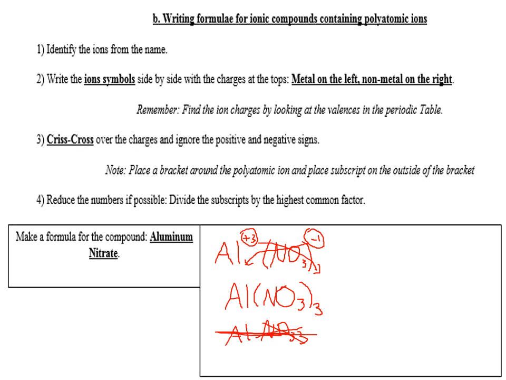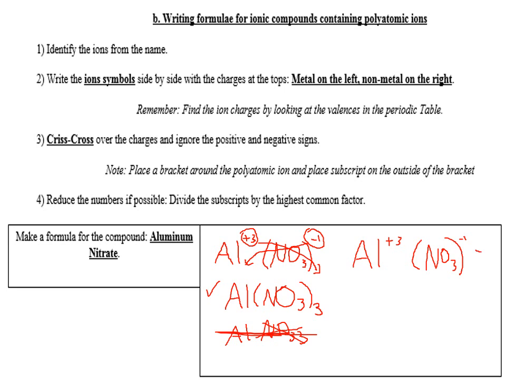The other method you could have used was the charge balancing method. So this is our final answer here. Charge balancing method: write down the charge of the ions side by side. So Al plus 3. And put this in brackets, NO3 minus 1.